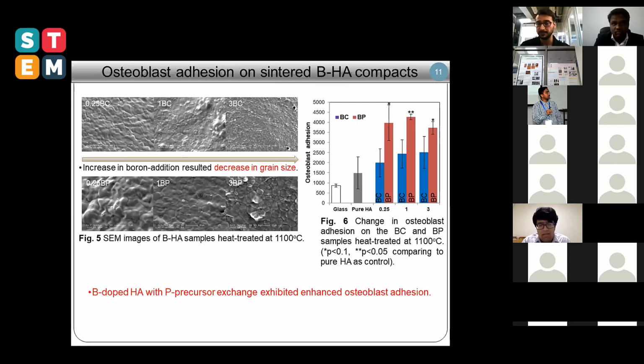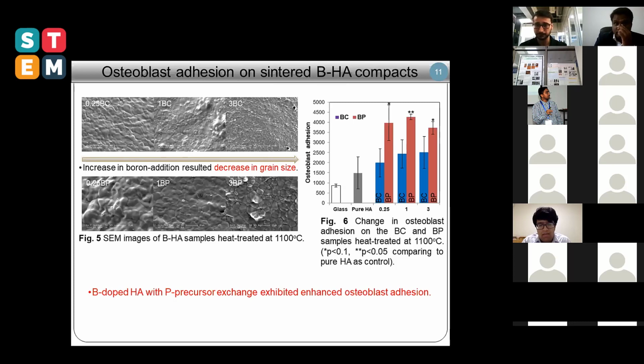However, the BP peaks have a significant difference compared to pure hydroxyapatite, which shows the enhancement of the osteoblast adhesion. We discussed that it must be related to the carbonated hydroxyapatite formation, which improves the dissolution and, of course, releases the boron, which shows pre-osteoblast activation.